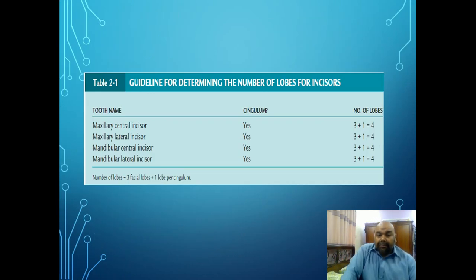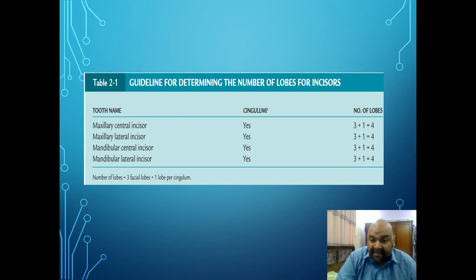Now, as we know, during the development stage, the incisors usually develop from different lobes or centers of calcification. In the anterior teeth, they usually develop from 4 lobes or centers of calcification, which later on coalesce or join together to form a mature tooth.